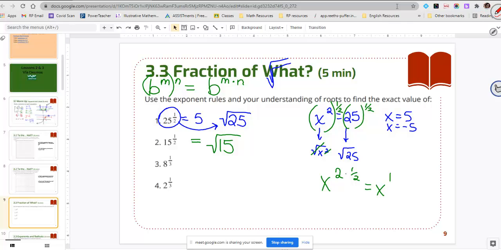Now number 3 changes slightly. We have 8 to the 1/3 power. It's not to the 1/2 power anymore. It's the 1/3 power. Here's how that's going to change things.